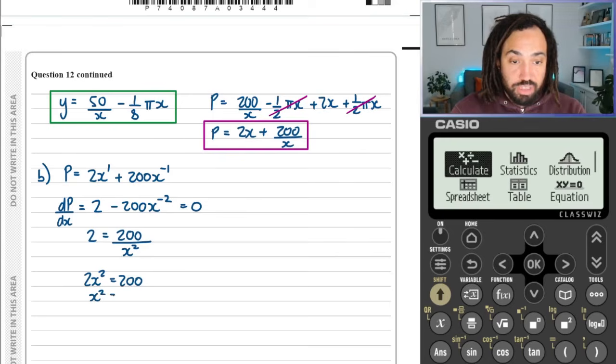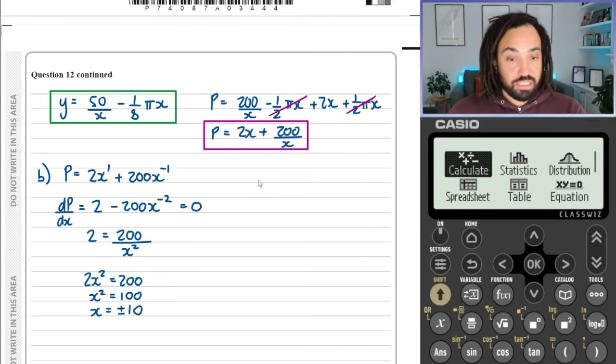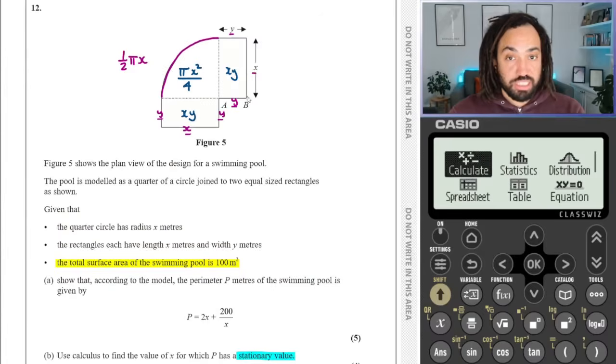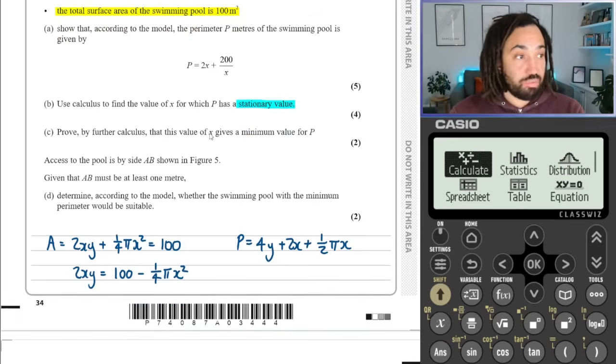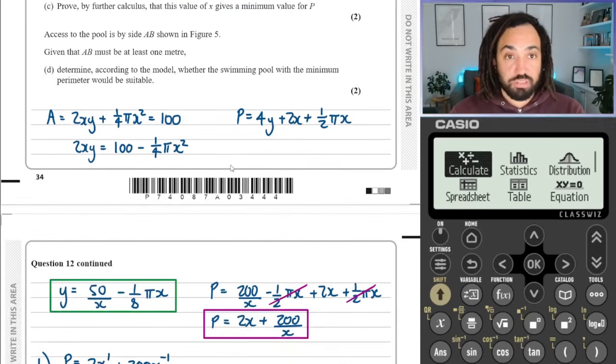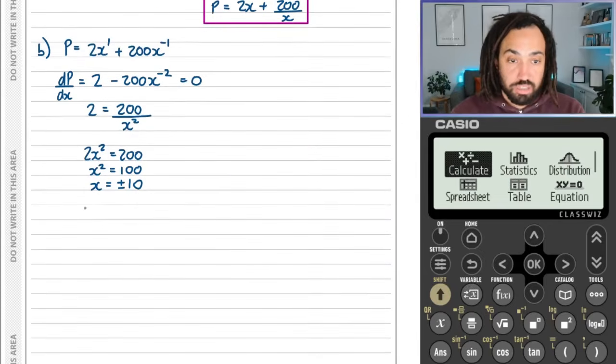We can divide by 2, and that gives us that x is equal to plus minus 10. Now what is x? Well, x of course is this distance here, so therefore it must be positive. So the value of x that we're looking for is the positive one. So our final answer is that x is equal to positive 10.